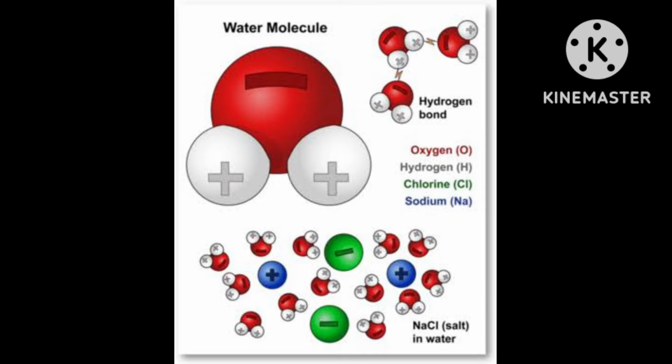Sodium chloride, when you put it in water, its solution will conduct electricity. But sugar, C6H12O6, that is glucose and fructose, and C12H22O11, that is sucrose, will not conduct electricity if you put them in water.